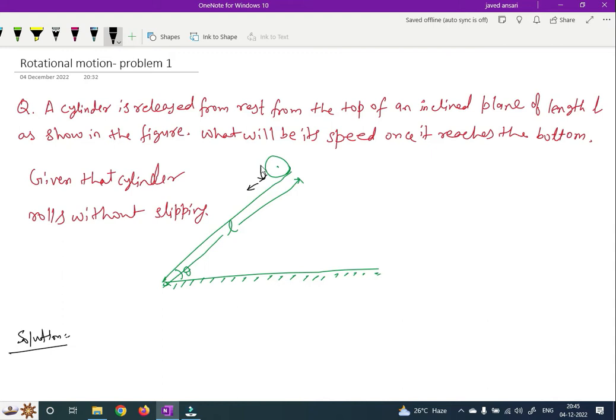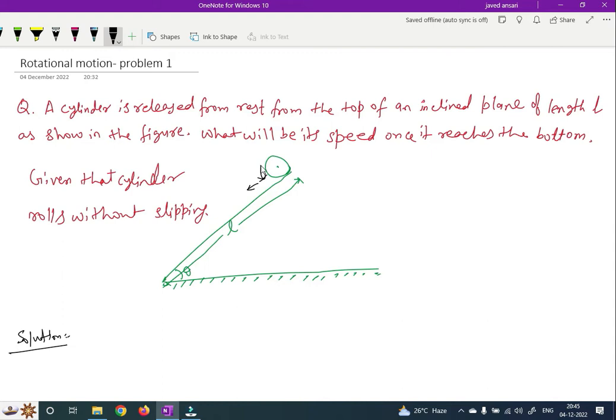We can solve this problem in two ways. One is, as usual, you can apply forces, draw the free body diagram, see what forces are acting, what the acceleration is, and then what its velocity will be once it reaches the bottom.